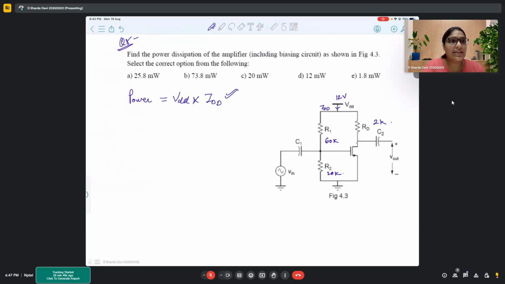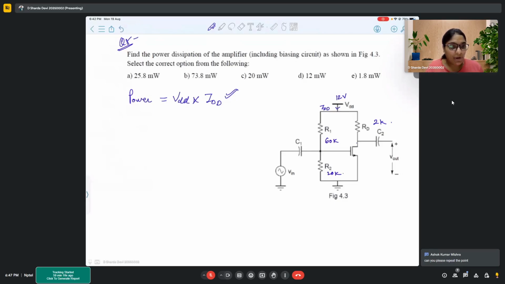That's how you should design your circuit. Maximum power should be drawn by your MOS circuit, which is the main circuit. That is one key point.